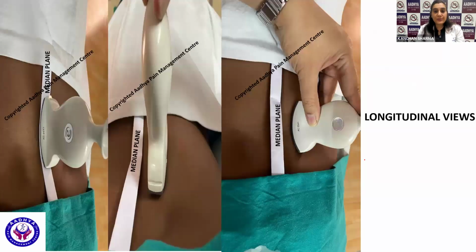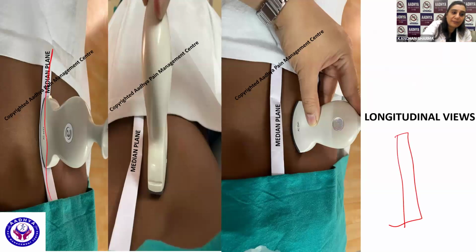What will be the positions of the probe? So positions of the probe, if this is your midline, which I have denoted with this white paper, okay? So this is the center. If my probe is exactly on the spinous process, I am going to call it the median sagittal plane.